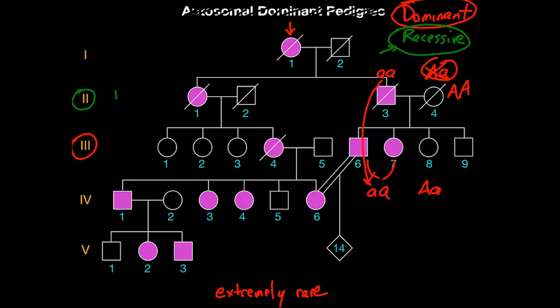So if it's extremely rare, then that does rule out the recessive possibility. That's extremely important. Let me say it again. Since she came from outside the family, we can assume under this scenario that she is not a carrier and therefore must give a big A to all of her offspring, which would mean none of them were affected by the disease.